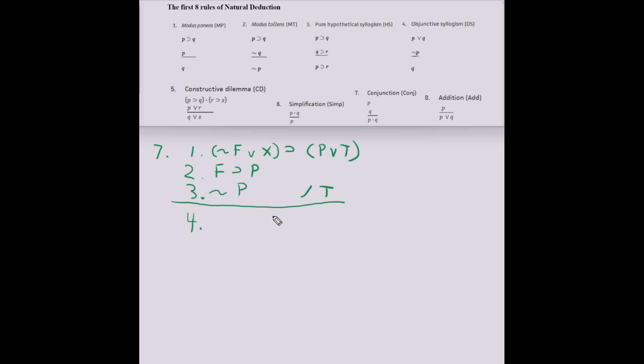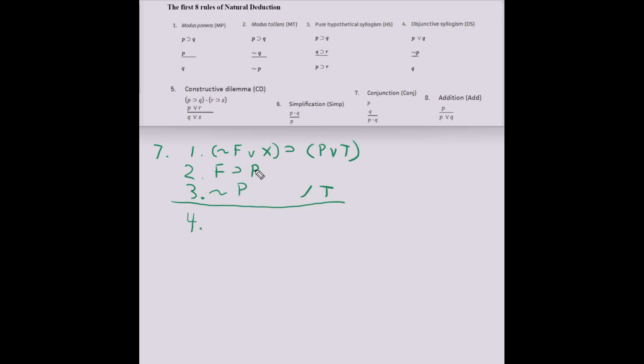so if we're not reverse engineering, let's assume that none of that really made sense to us. That's okay. I can also just look at what I have and say, what can I do? And eventually, if I get to T, I'm set. No matter how many lines it takes, as long as I do only valid inference moves, it will be valid. So I have not P. This should look pretty familiar. I have an if-then conditional.